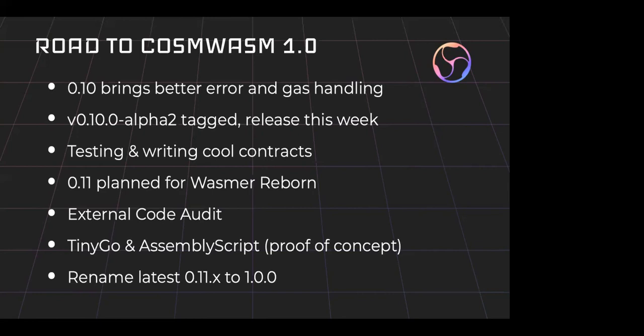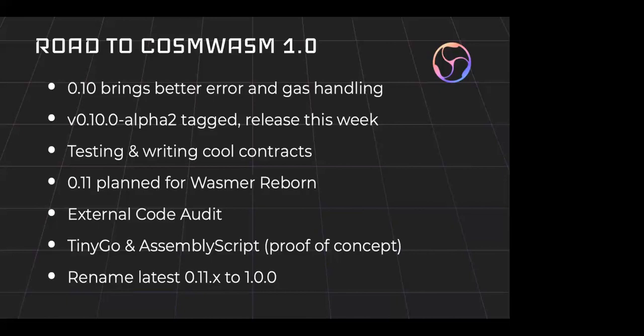We have a pre-release tag of 0.10 already, and we are planning to bring out the final version at some point this week. After that, it's really time to test that, to write cool contracts, because we are not expecting any significant change for contract developers after 0.10. So this is really the time to hop on the train and start writing your contracts.